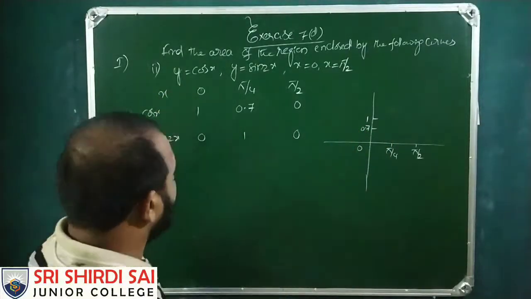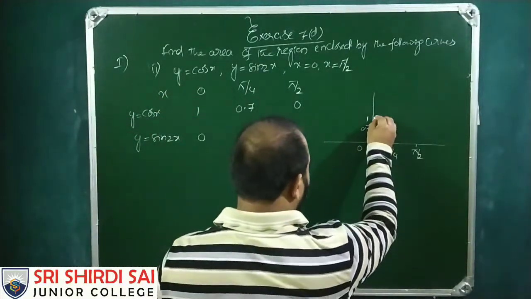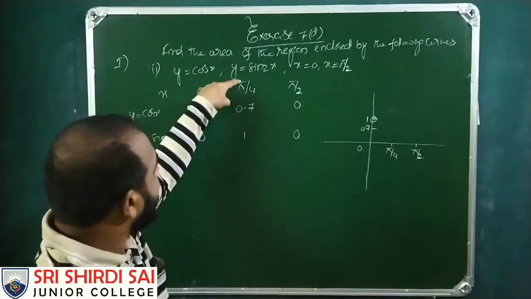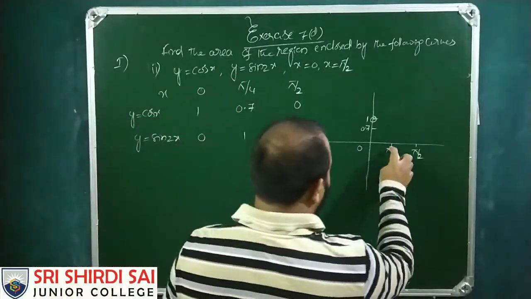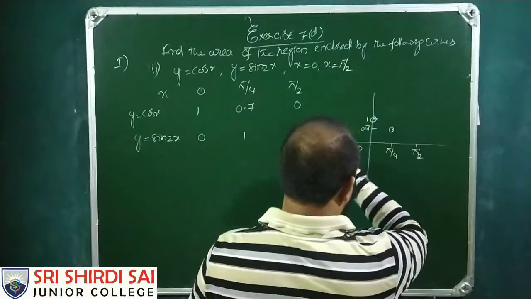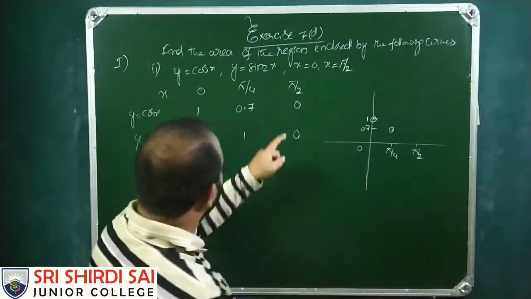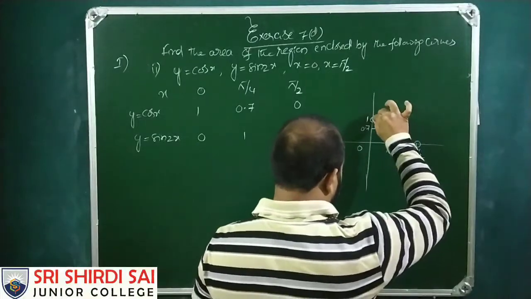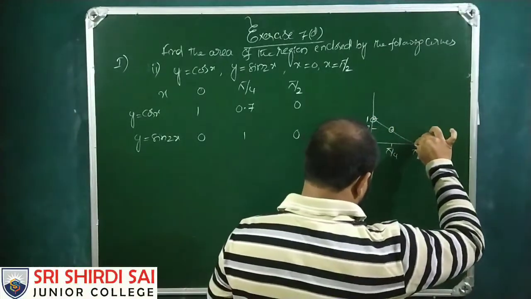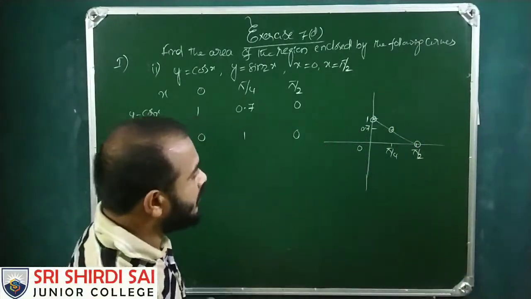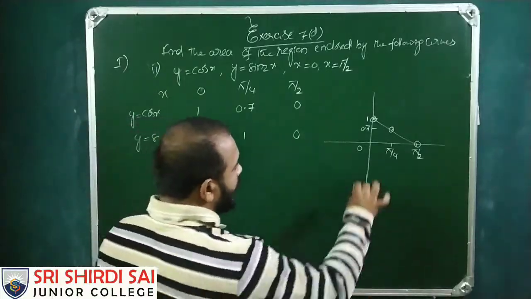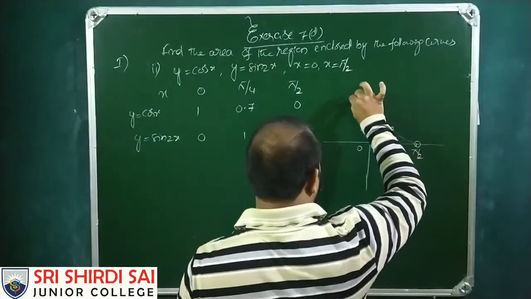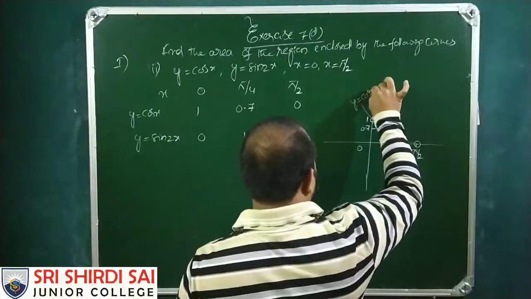Now 0, 1 will be this. Pi by 4, 0.7 is this, and pi by 2, 0 is this. So you just join these points. So what is this curve? This curve is y is equals to cos x curve.